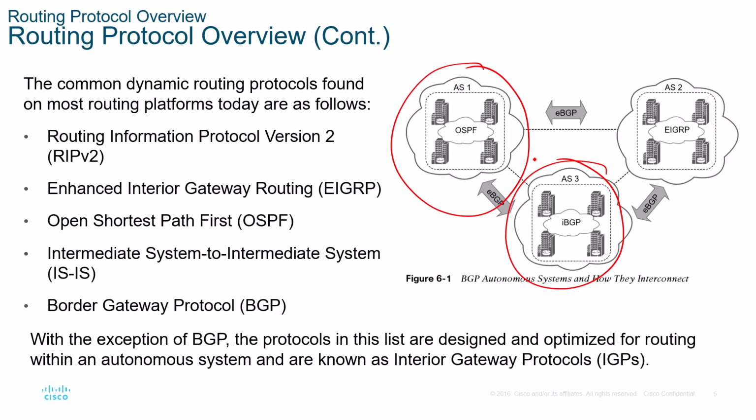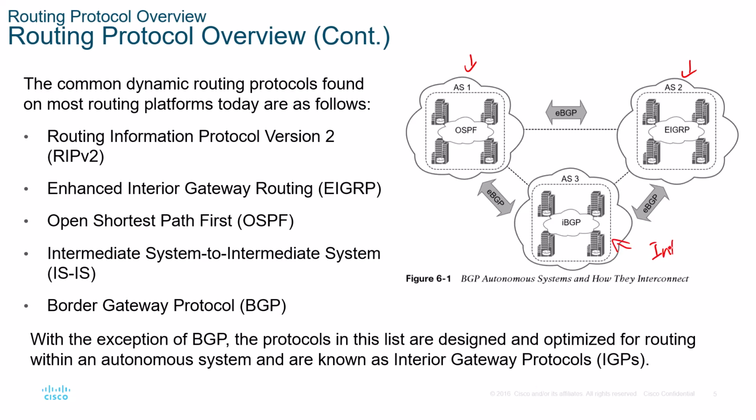So there is a way to identify the different spheres of who manages them. These are all going to be typically interior, and then between each AS number, we're going to have an exterior. We're going to get into these terms in a few slides, but the big thing is to understand that we have interior and exterior protocols, and we have a number of different protocols as well.